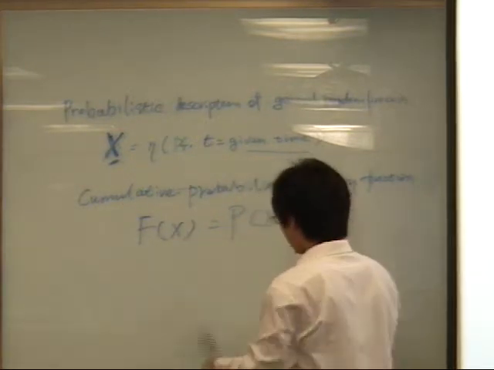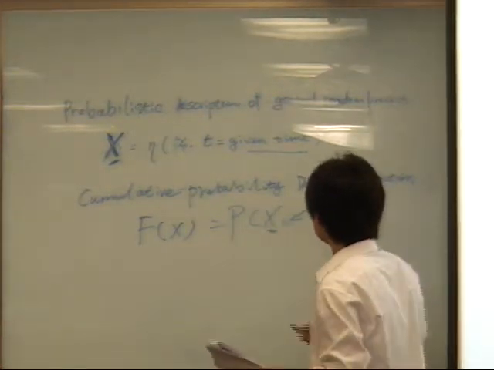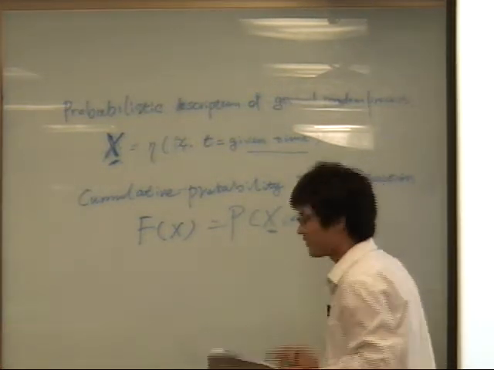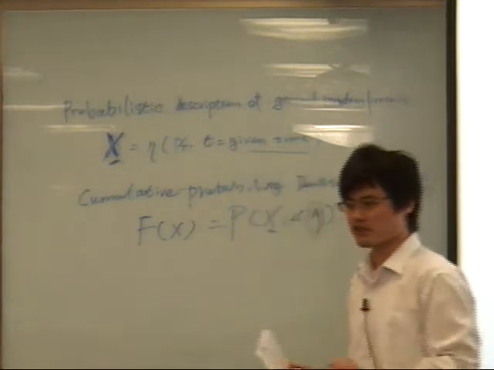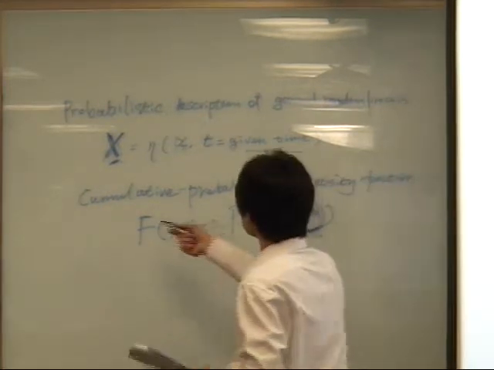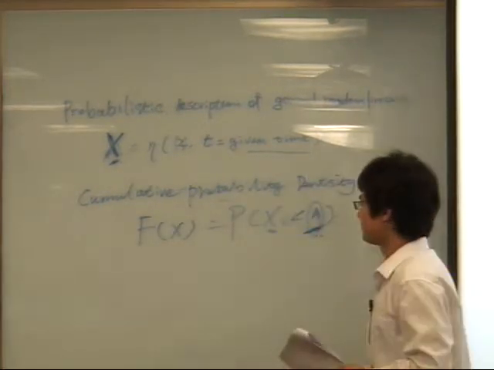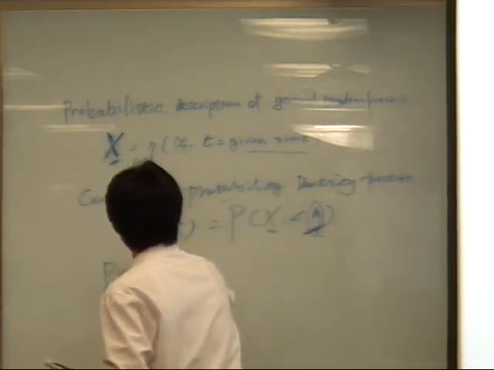In that view, I pick a point, and the value of this point is less than this given value. How large is the chance that it is less than this value? It's called cumulative probability.